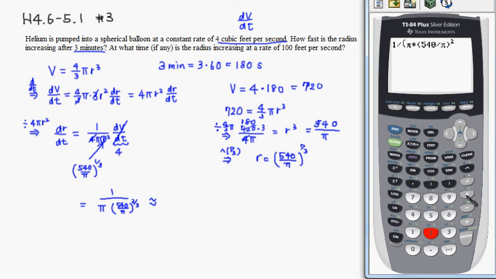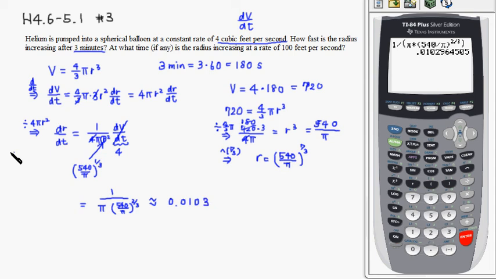Like that. So let's get the value. It came out to be 0.1003.